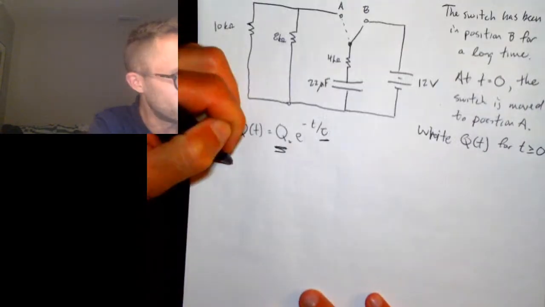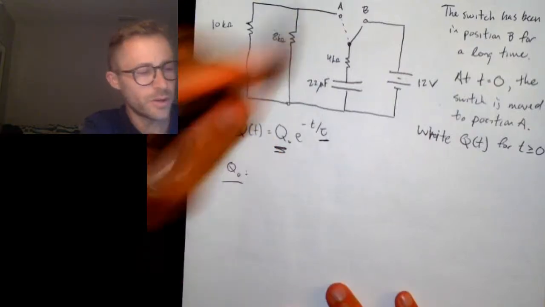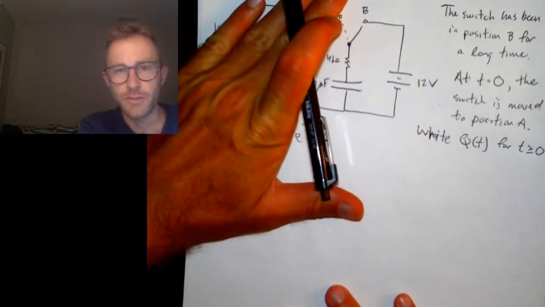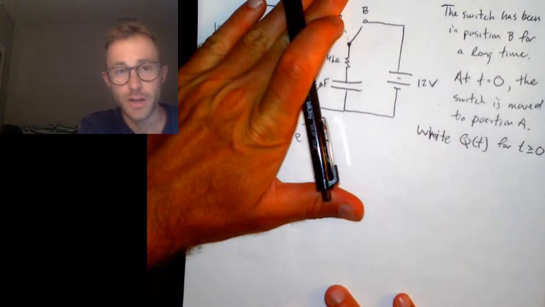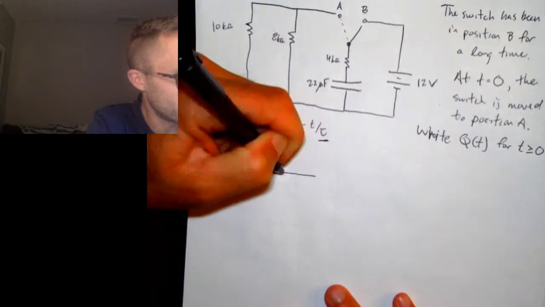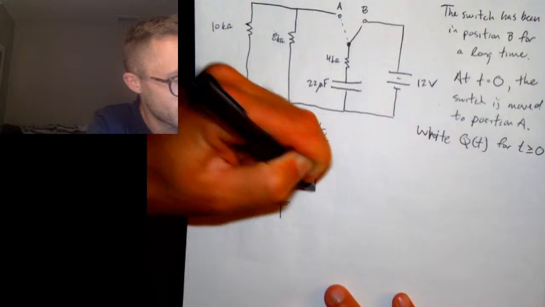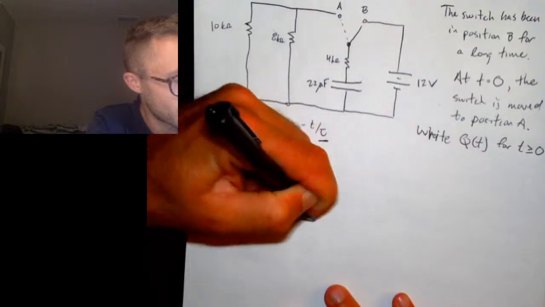Okay? So to determine Q naught, you really want to think about just the right-hand side, excuse me. So we have basically this circuit. Like that.